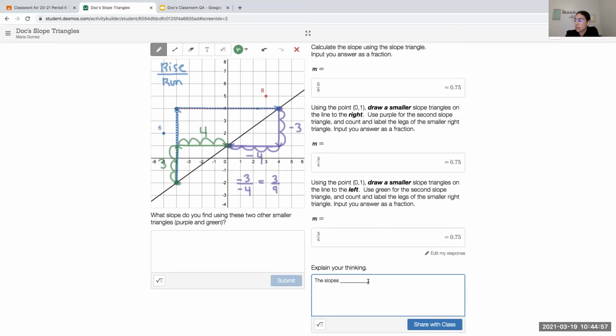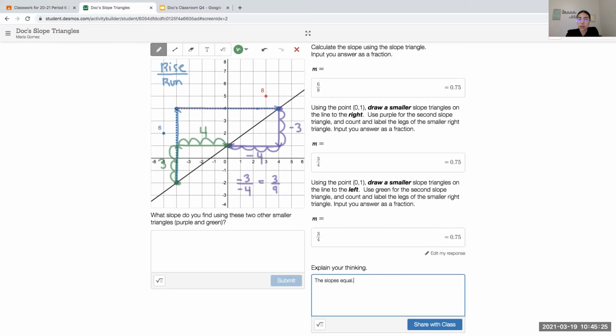What I'm seeing here, what they're doing correctly, is just telling me what they notice about all of those slopes. They are telling me that they are equal. The slopes are equal. They're saying the slopes are the same, okay? I like that somebody is explaining the shapes, that the smaller triangles have the same slope as the bigger triangle.